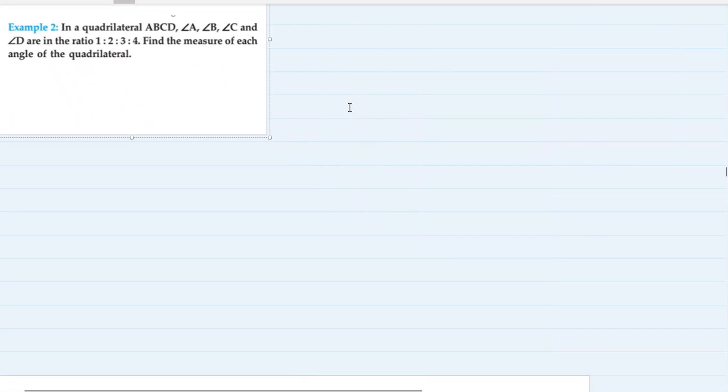This is quite simple. In a quadrilateral ABCD, angle A, angle B, angle C and angle D are in the ratio 1:2:3:4. Okay. Find the measure of each angle.